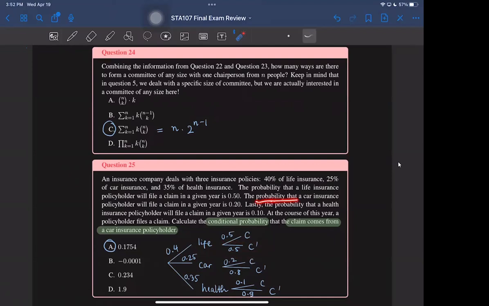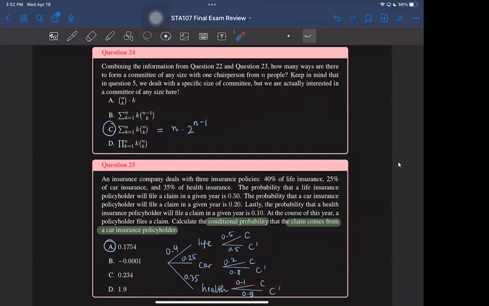Given that the person is a car insurance holder, the probability that they file a claim is 0.2. And similarly, the probability that a health insurance holder files a claim is 0.1.